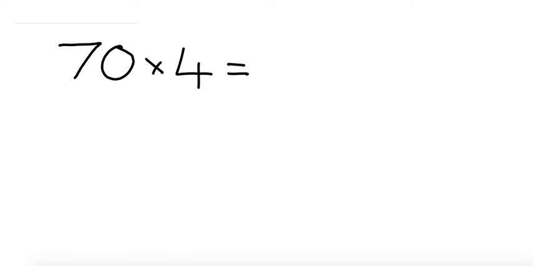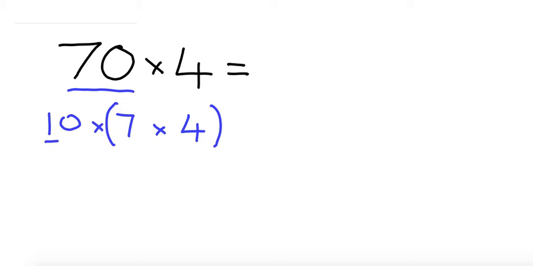This time we'll go 70 times 4. So we look at the 70 and we can break it down. So 70 is 10 times 7. So 70 times 4 would be the same as saying 10 times 7 times 4. And if we work out 7 times 4 and multiply that product by 10, then we've got our answer.